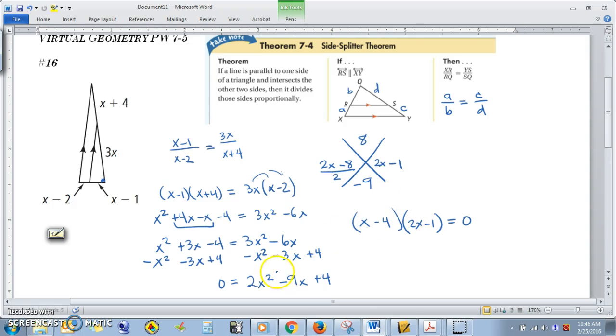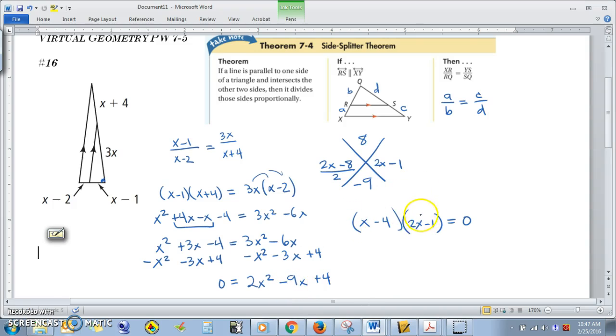Just multiply it out and see if I get this. X times 2x is 2x squared. The last times the last should give me the last, so negative 4 times negative 1 is positive 4. And then the insides and the outsides should add up to the middle here. So negative 4 times 2x is negative 8x, and then x times negative 1 is negative x. Negative 8x and negative x makes negative 9x.